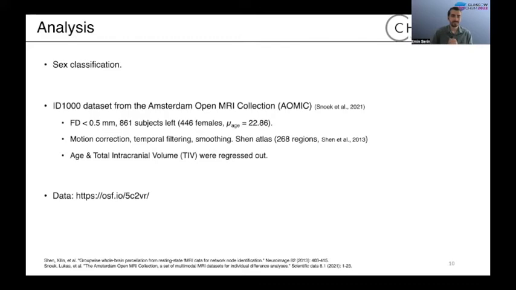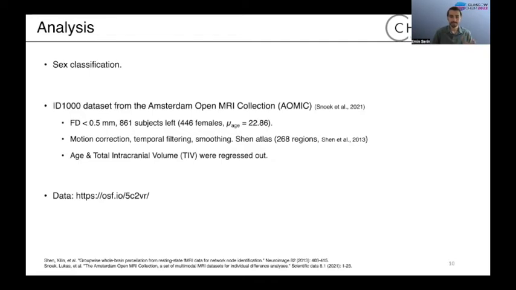What we're going to analyze is the task-based fMRI data from the ID1000 dataset from the Amsterdam Open MRI collection. From this dataset, I discarded subjects with high head motion, which left us with a total of 861 subjects. The data has already been pre-processed by the publishers, but I still did a few additional pre-processing steps, like motion correction, temporal filtering, and smoothing.